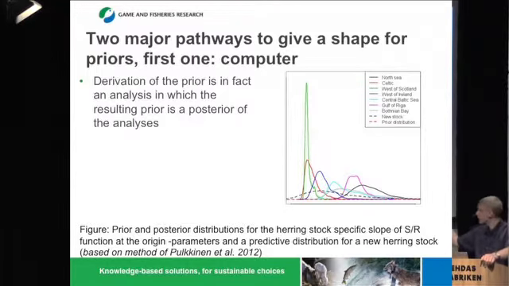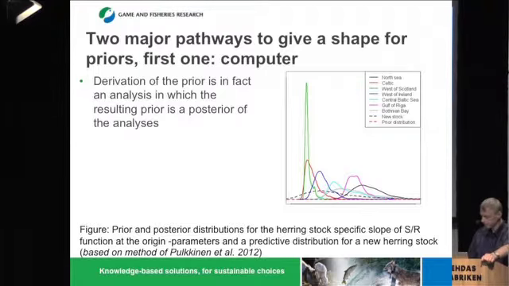And here is just one example of studying through meta-analysis the maximum egg survival of herring eggs in different herring stocks, using the information found in the literature about stock recruit dynamics.